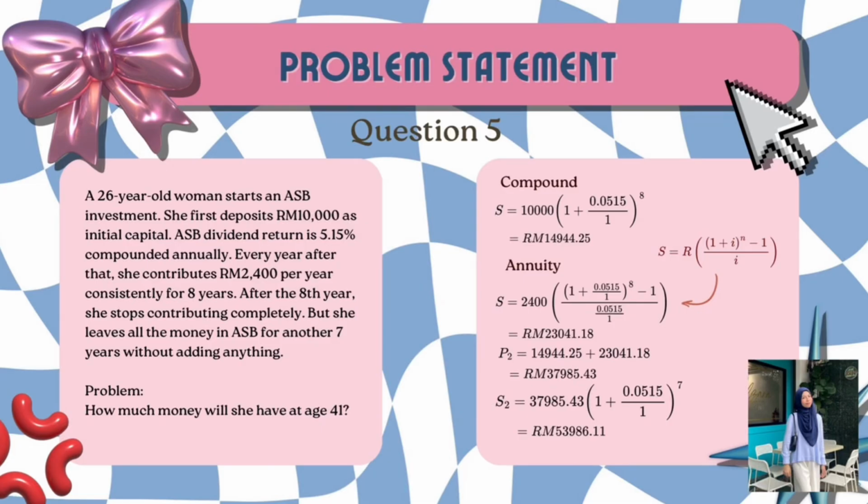So, first of all, we calculate the compound interest on her initial 10,000 ringgit deposit over 8 years.